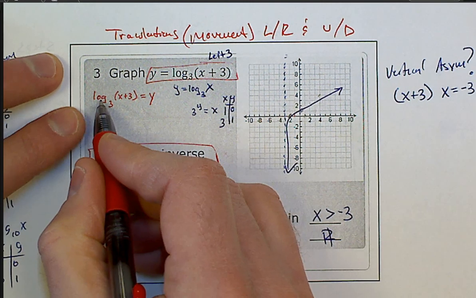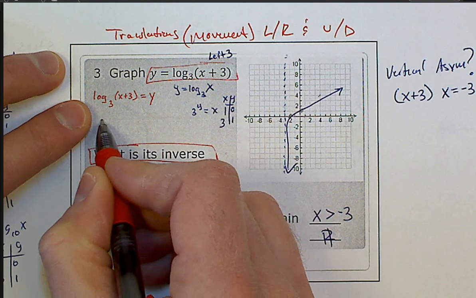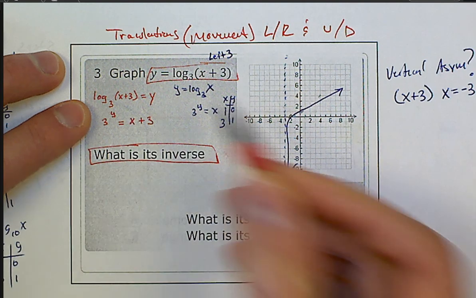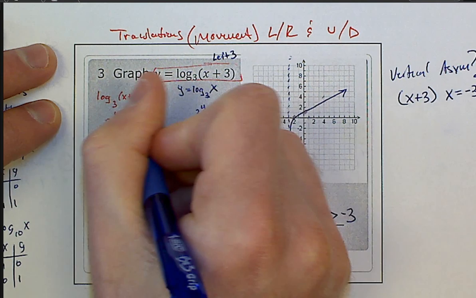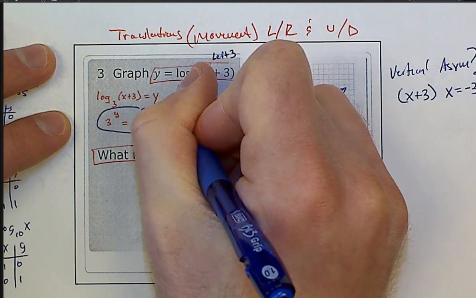Log means what power on 3, so 3 to the y equals the x plus 3. This right here is the exponential form of this log function.